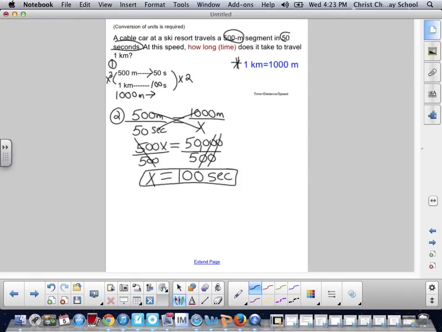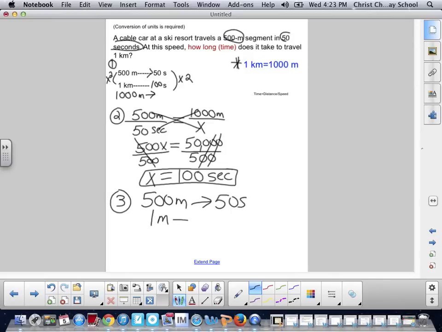Okay? And we actually could come up with an alternative way, lots of different methods in how to solve this problem. We have our 500 meters again is 50 seconds, and we're going to figure out what 1 meter is. And how would we do that?